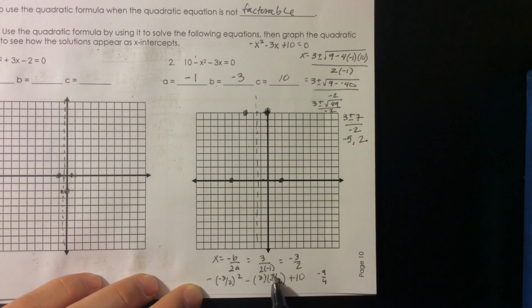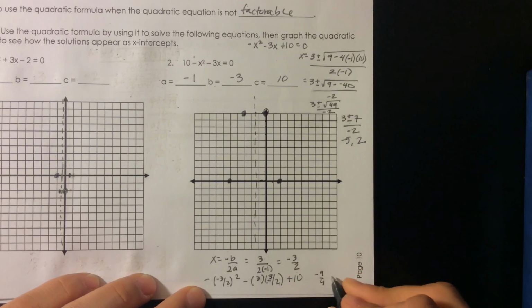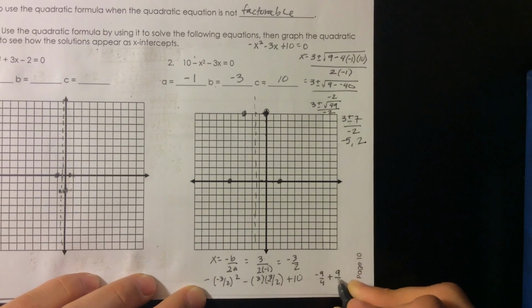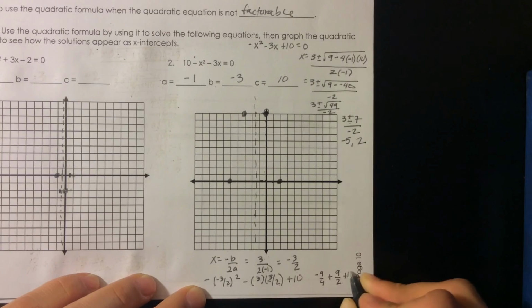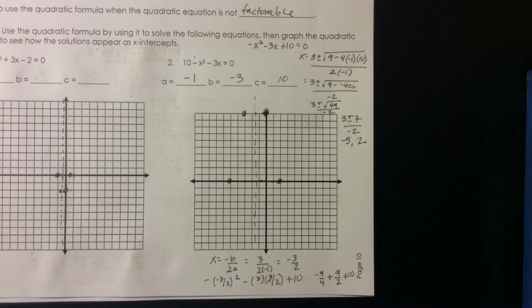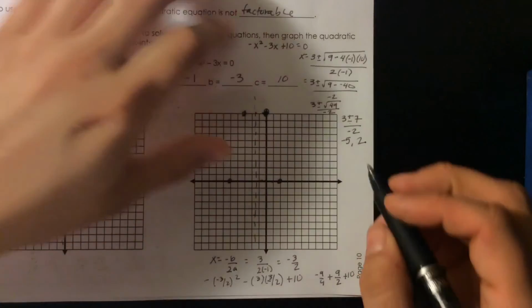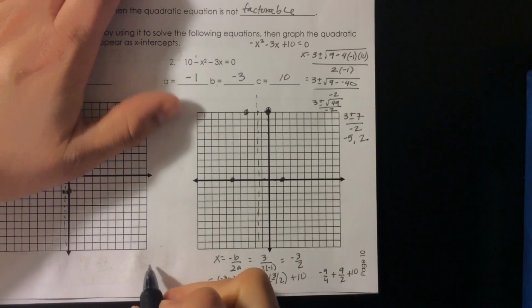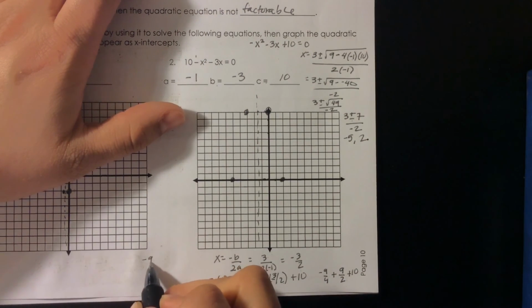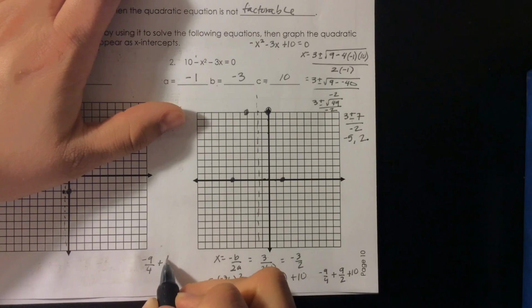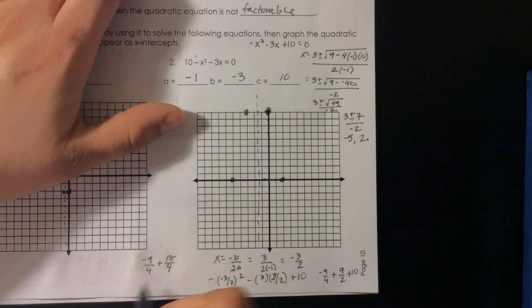Here we've got negative 9 over 2, and then a minus that, so it's going to be plus 9 over 2. And we've got a 10. So I'm going to get my common denominators. I know I'm running out of room here, guys, right? So I'll have negative 9 over 4 plus 18 over 4 plus 40 over 4.